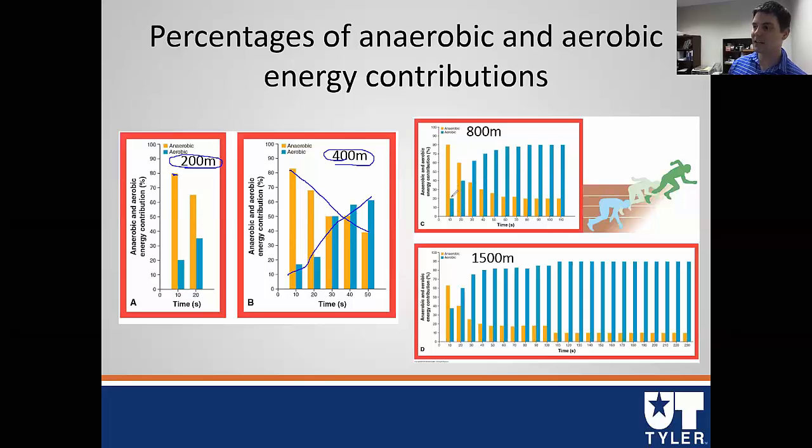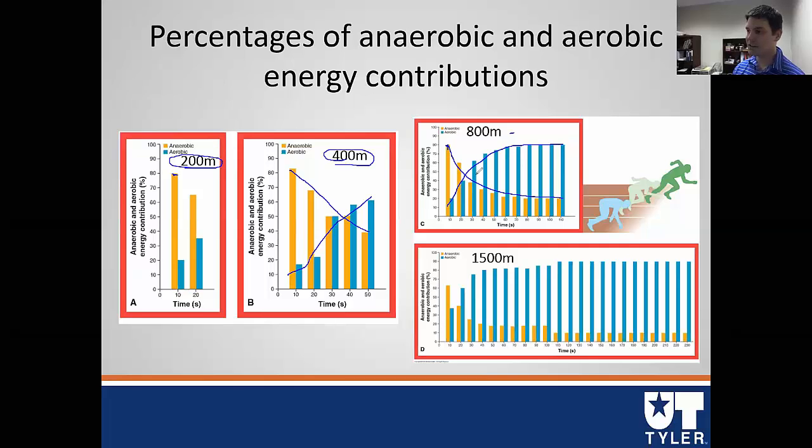You'll see here that our steady state in the 800 meters is actually met. An 800 meter usually lasts, give or take, about 2 minutes. Faster if it's Olympic sprinters, but we'll say this is about a 2-minute exercise. One thing that you'll note, again, is that same pattern: anaerobic is really fast in that rest to exercise transition, and then it slowly falls, whereas aerobic metabolism slowly starts to catch up, and we're able to increase the rate of production from aerobic metabolism and reach steady state usually a couple minutes in.